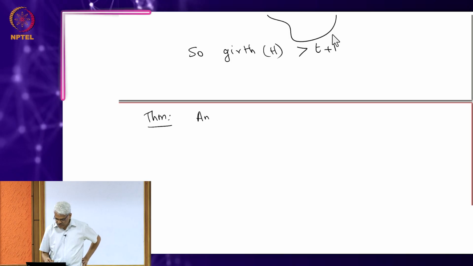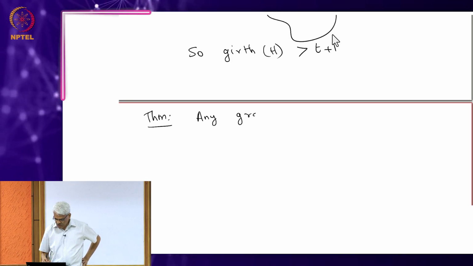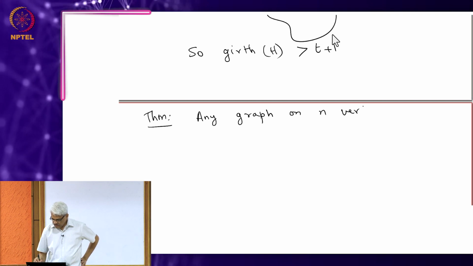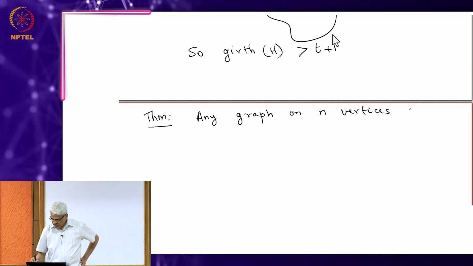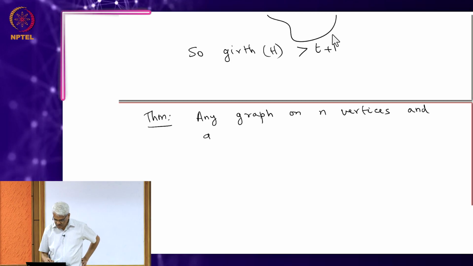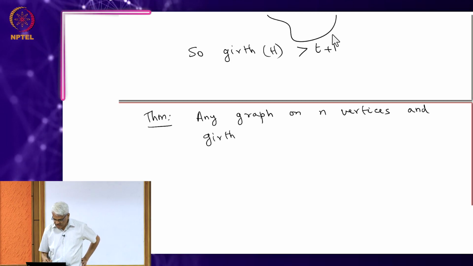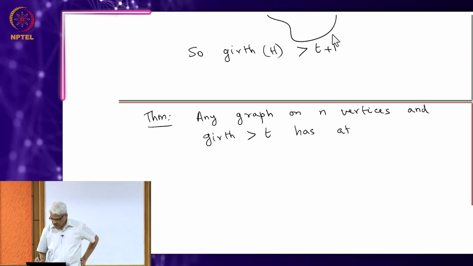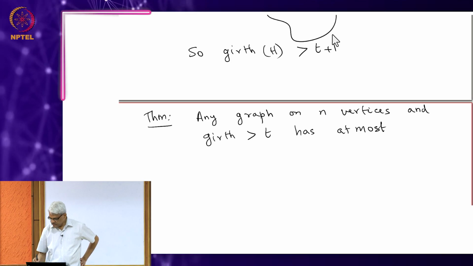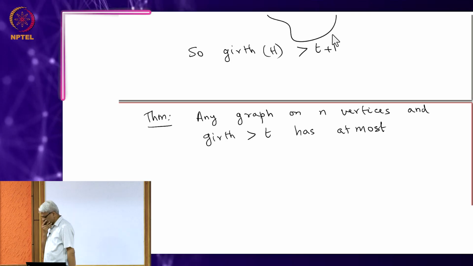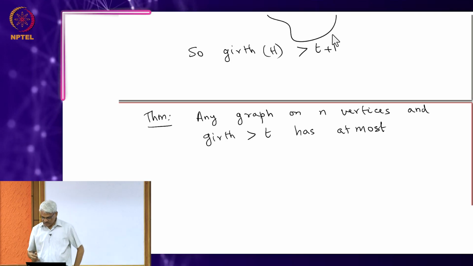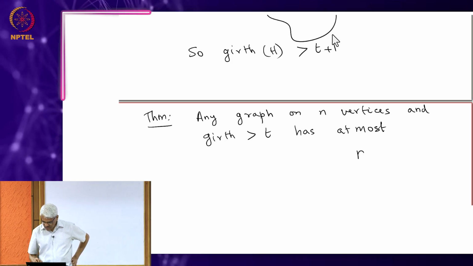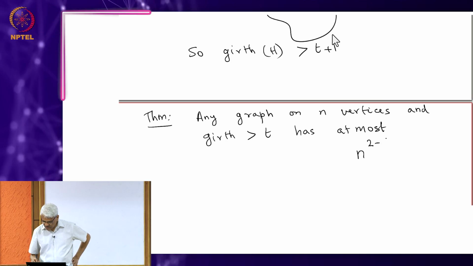Any graph on n vertices and girth more than t has at most n to the power of 1 plus 2 by t edges.